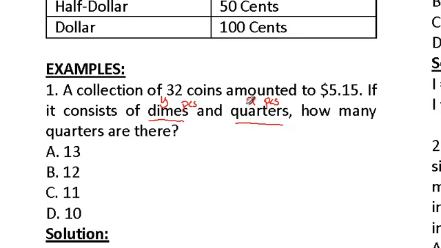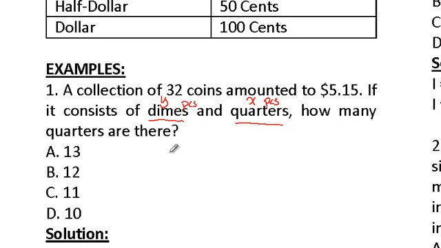Now, the trick is how do we establish the equations? If there are two unknowns like x and y, we must have two equations, right? So we must be able to write two equations. It says here that the collection has 32 coins. Since there are 32 coins, what equation can we write?